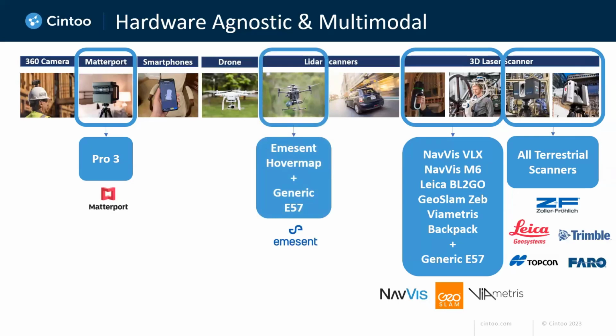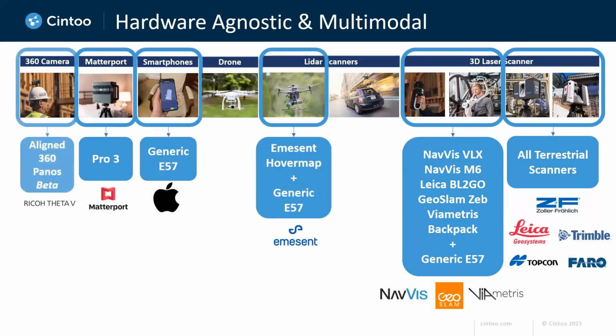The same LiDAR device can also be handheld, a very cool device. Also the same technology applies to upload your smartphone data. And for 360 panos, we can upload aligned 360 panos. We don't do the SLAM piece, but once you have aligned 360 panos, you can upload that as well to Cintoo.